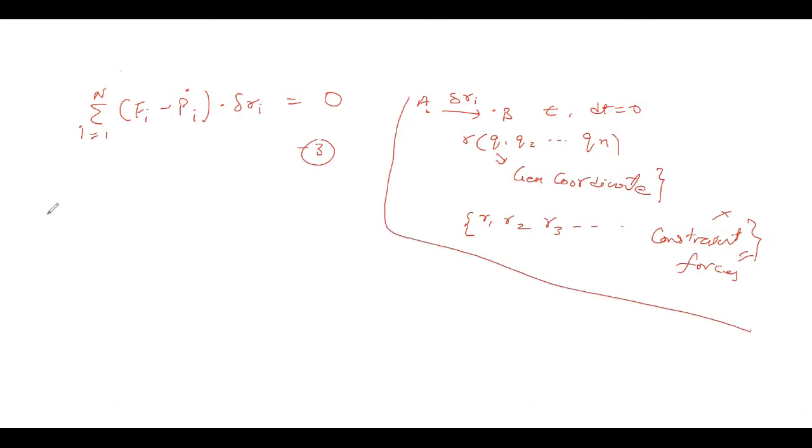Then we derived Fi dot delta Ri is equal to the sum over k equal to 1 to n of Fi dot (delta Ri by delta Qk) delta Qk.